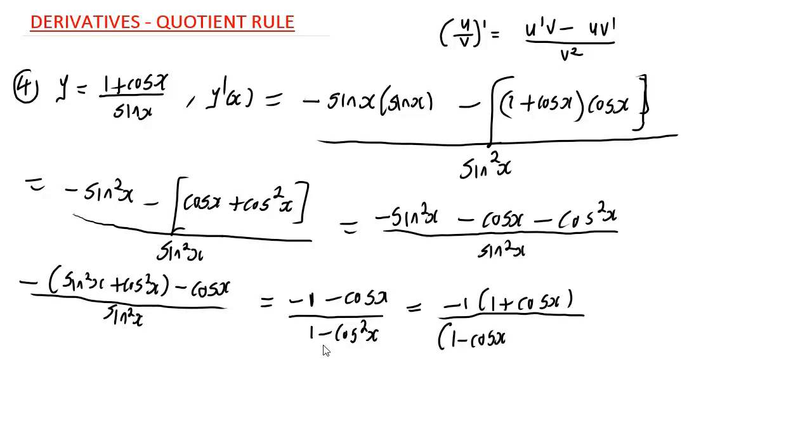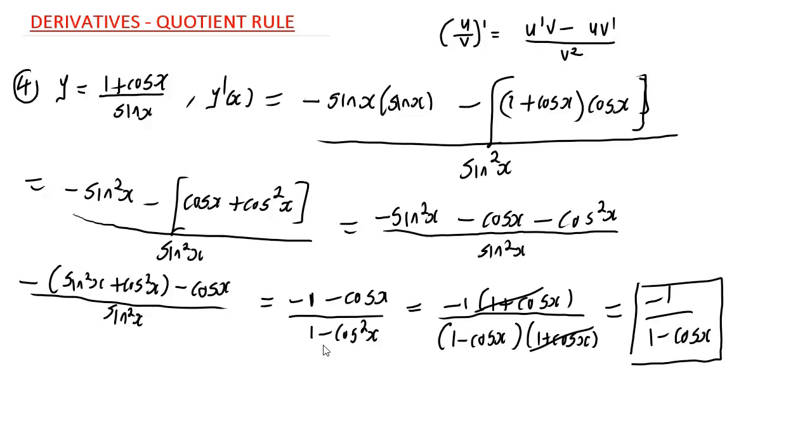So if we have 1 square minus cosine square s and factor it, we are going to have 1 minus cosine s multiplied by 1 plus cosine s. As you can see, 1 plus cosine s is going to cancel out. So we are left with negative 1 divided by 1 minus cosine s. So this is going to be the answer.